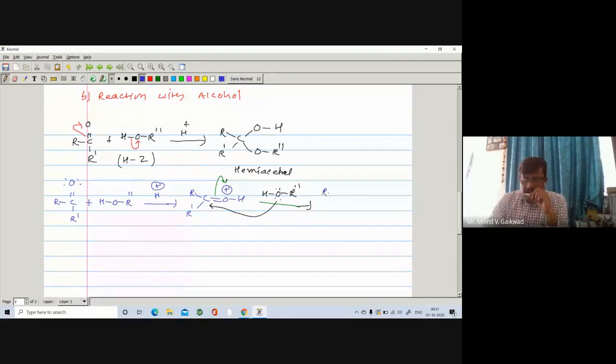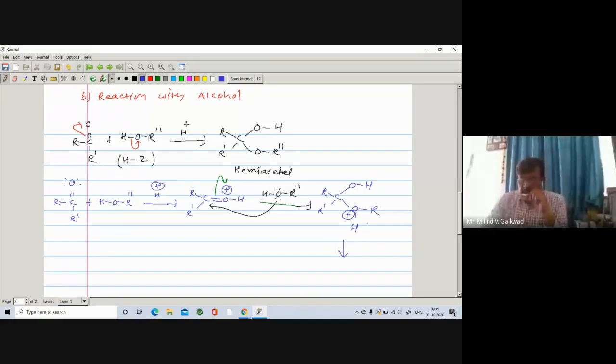and you are getting the corresponding R, C. Here is R', right? Here is an O, here is an H, and here is the attacking O, here is an R, and here is an H. So this lone pair attacks, that's why oxygen carries a positive charge, right? How to neutralize this positive?